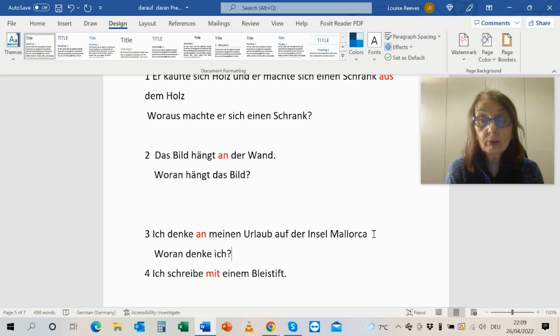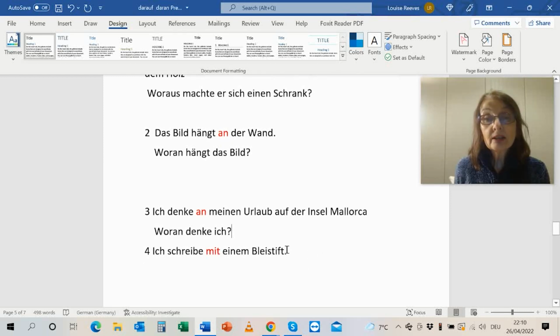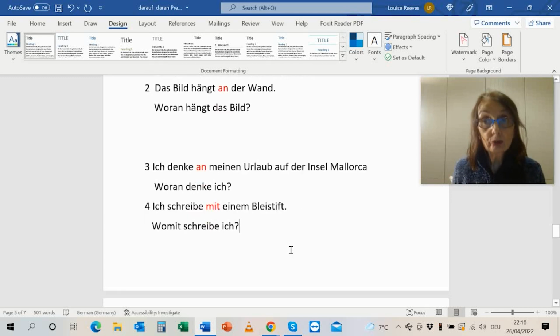They are so important. Ich schreibe mit einem Bleistift. I'm writing with a pencil. So the mit is how I get my question word. Womit schreibe ich? What am I writing with? Now please make sure you know your prepositions.